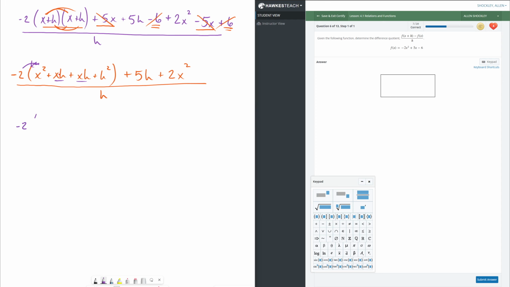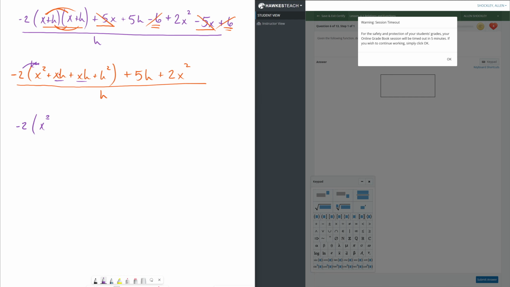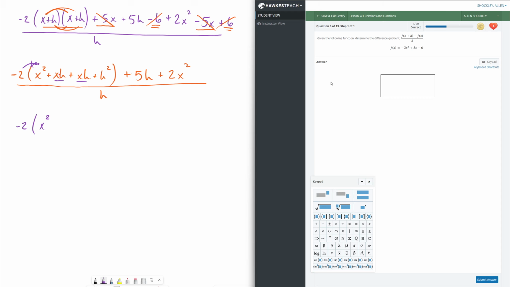So negative 2 parentheses x squared plus 2xh plus h squared, plus 5h plus 2x squared all over h. Again, if I have one xh and I add another xh, I get two of them, so 2xh.